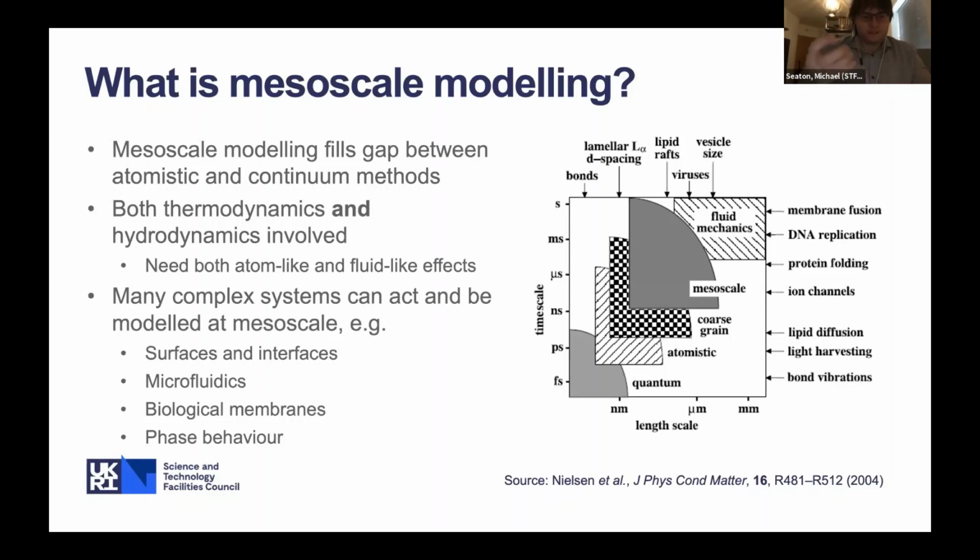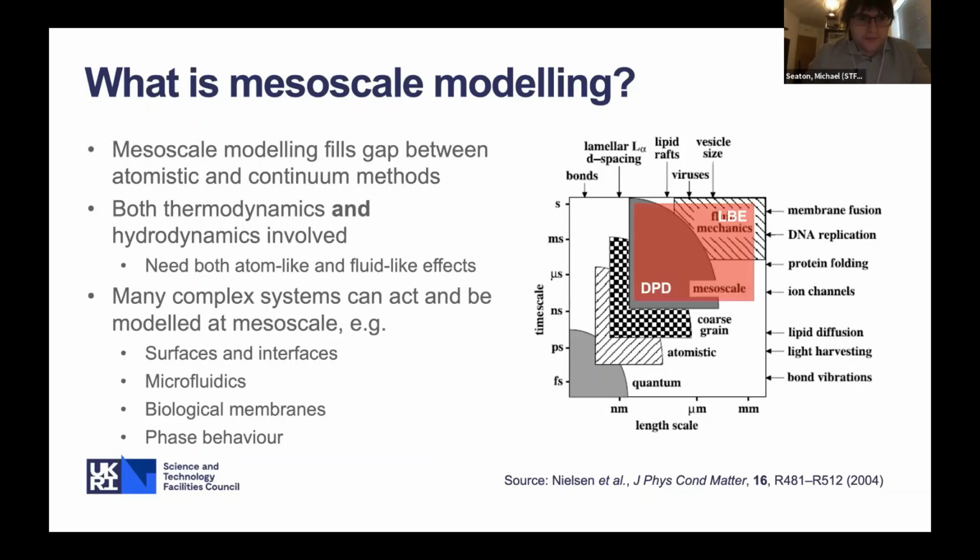So that's microfluidics. Biological membranes are also, in terms of atomistic simulation, pretty large scale structures, but those can also be modeled at the mesoscale, and there are also things like phase behavior.